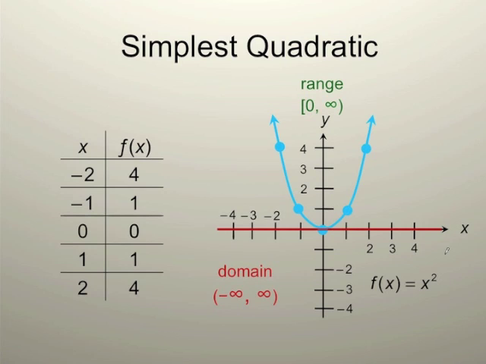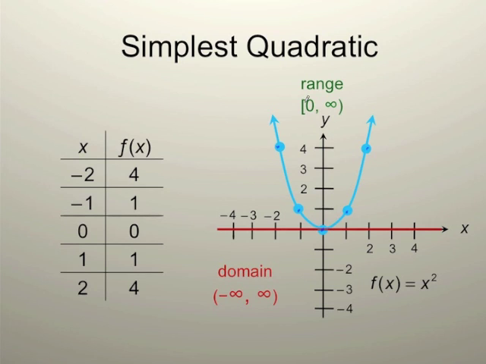Looking at parabolas, the very simplest parabola, if f of x equals x squared, has the points 0, 0, 1, 1, negative 1, 1, 2, 4, negative 2, 4, we would have 3, 9 and negative 3, 9. The domain is all real numbers.